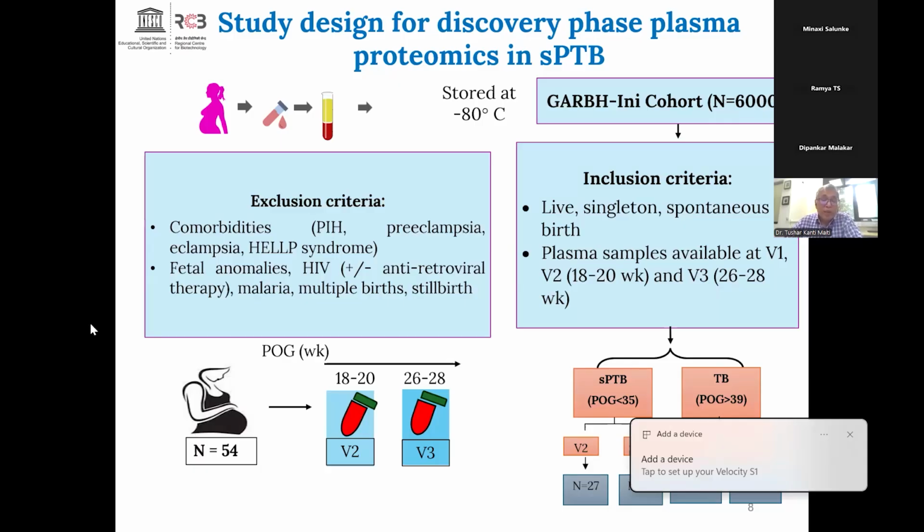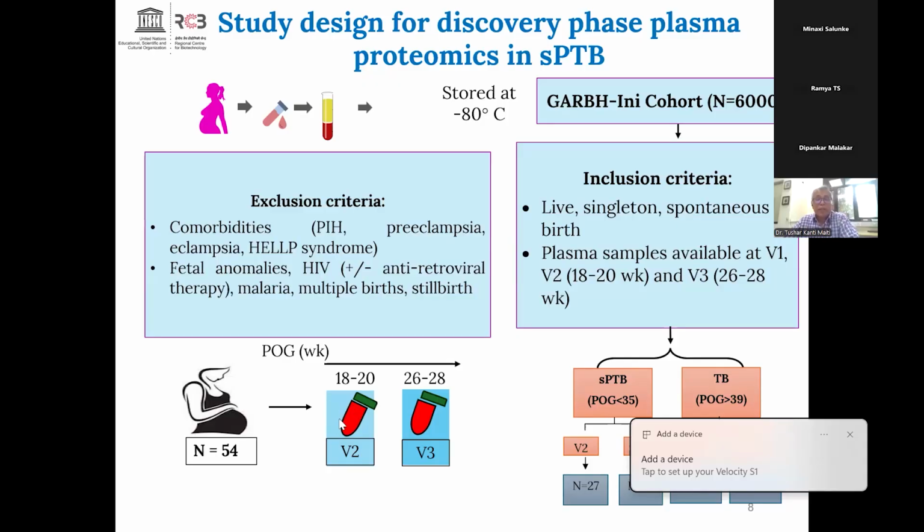In this case, we have taken the V2 and V3 time points. The important thing is that at visit 2, 18 to 20 weeks, the mothers undergo a large number of clinical tests. Largely the anomaly test and other tests are carried out at this time point, so this time point is very critical.